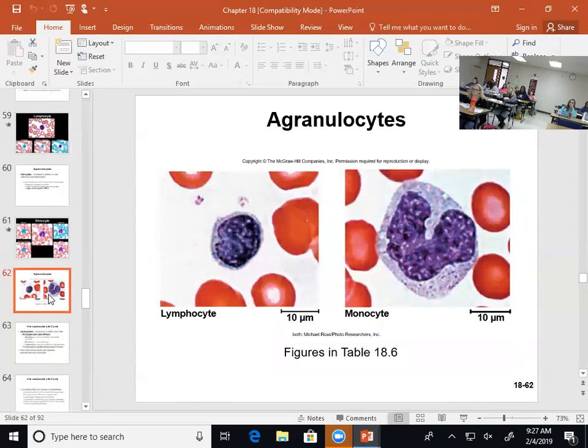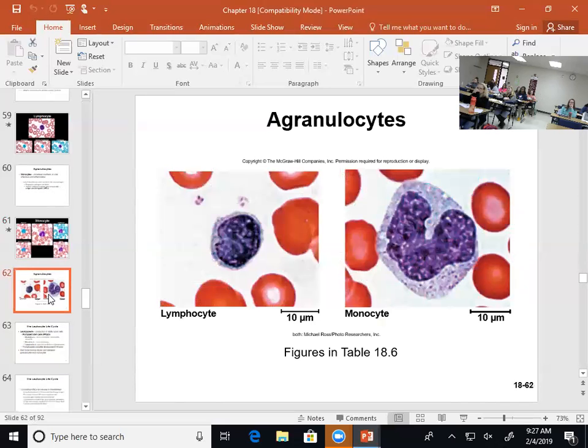And then the lymphocyte. The difference in a monocyte and a lymphocyte, you see how folded this is? A lymphocyte is going to have a very round nucleus, really, really round. And how about the cytoplasm? Do lymphocytes have a lot of cytoplasm, or are they almost all nucleus? Yeah, it looks like they're almost all nucleus.